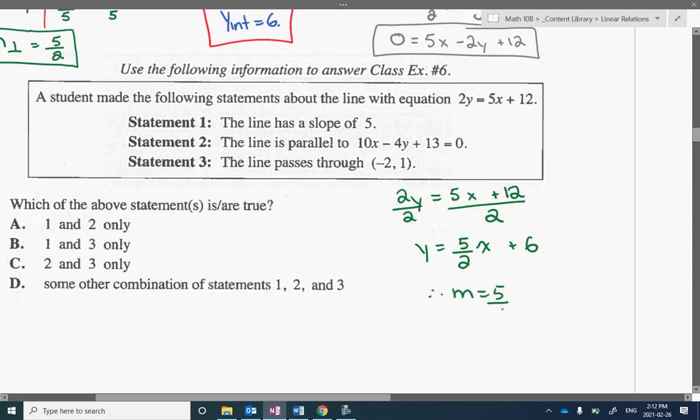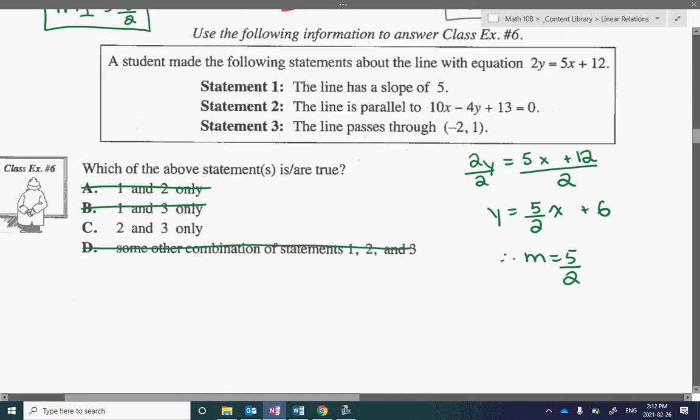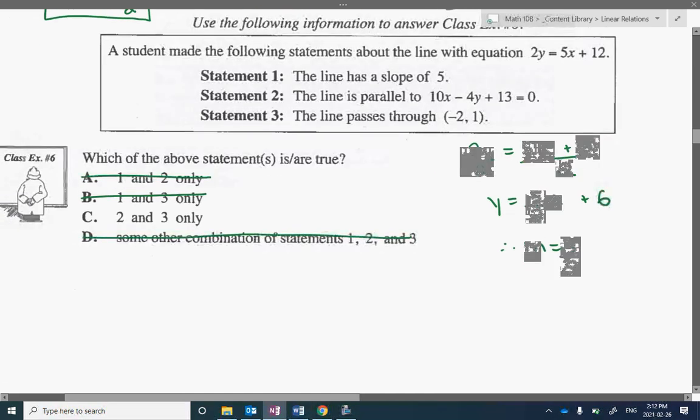So is statement 1 true? No. So right away, this actually tells us our answer, because that means 1 can't be in any of these. So it tells us our answer is C. I don't think this is a very good question, because personally, I want you to do more than that on this question.